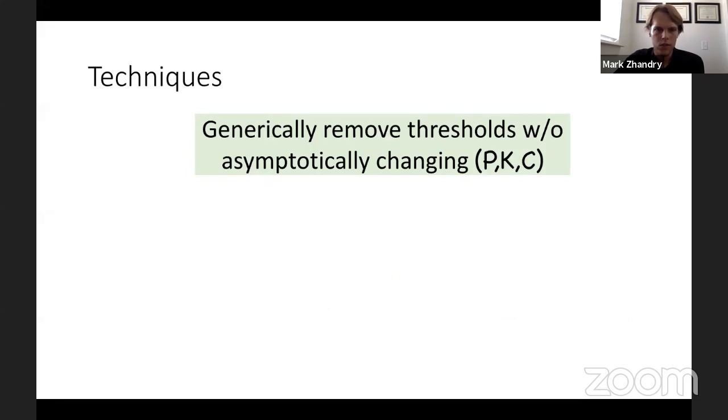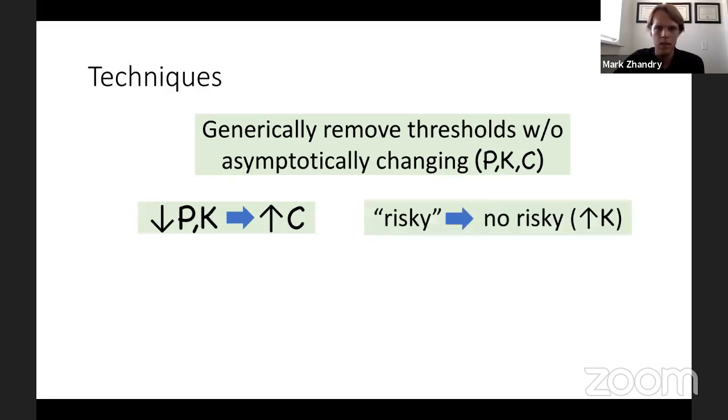We achieved these results through a number of new techniques. There's this concept called threshold tracing, where you can only trace decoders that work most of the time. And we show how to actually generically remove such a limitation without asymptotically changing the parameter sizes. We show a general technique for trading off between public key and secret key sizes by reducing those at the cost of increasing ciphertext.